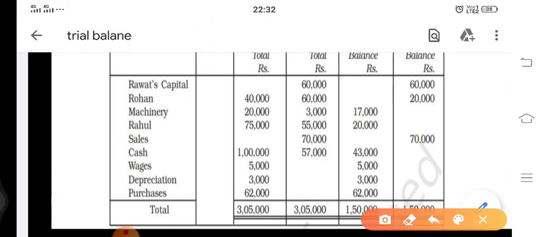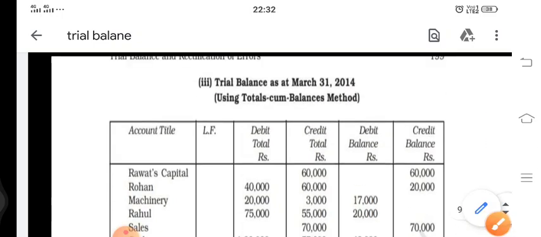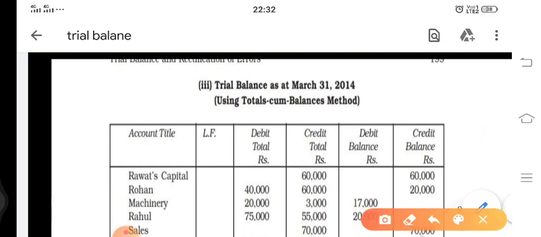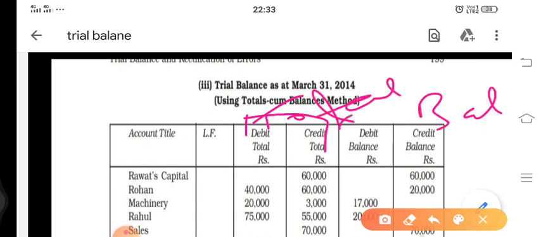So this is our total method and this is our balance method. Here we have taken care of balances and in this way we have taken care of totals.